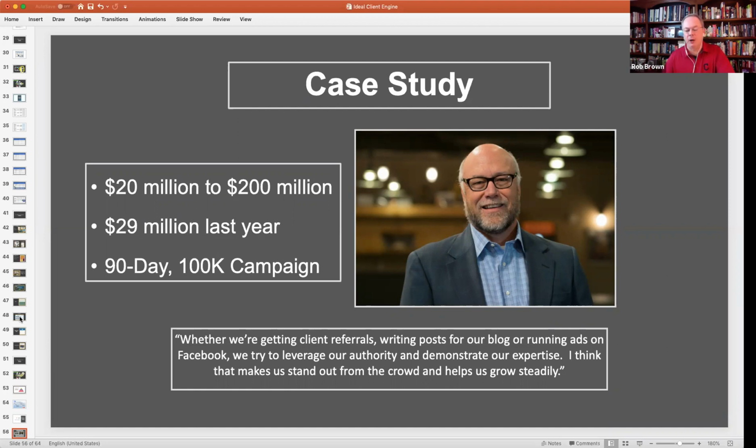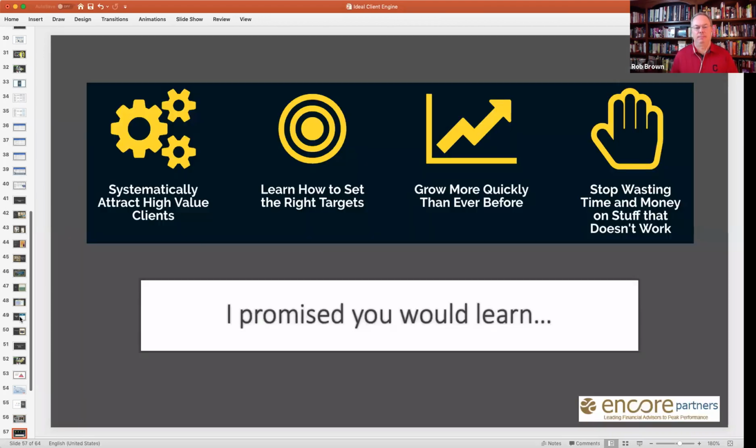That makes us stand out from the crowd and helps us grow steadily. He's getting that consistent growth by having made the shifts. It's incredible growth. And I do take part credit for it, but it's because Ron and his team are working things the way they should be working. They have an ideal client engine.